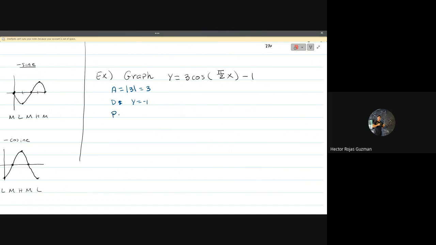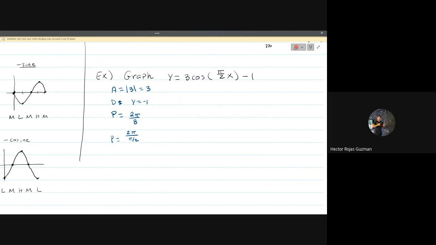The period is 2 pi over b. You're going to have to calculate this one yourselves, right? So the period equals 2 pi divided by pi over 2. Dividing by a fraction isn't as scary as it might seem. We just talked about it yesterday, right?